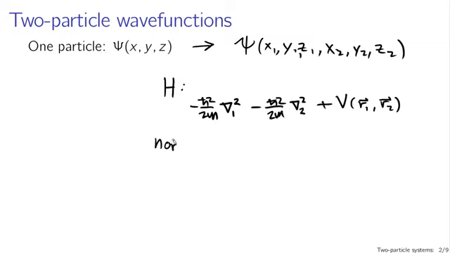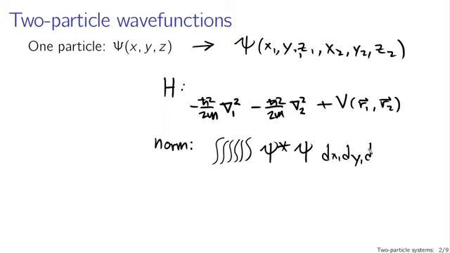Our wave functions, of course, still have to be normalized, since we still have to represent probability densities with them. But the normalizations we're going to work with are a little different. In particular, while the probability density is still going to be psi star psi, we're going to have to integrate it over many, many dimensions. 6 dimensions in this case if I'm working with two particles in 3 dimensions: dx1, dy1, dz1, dx2, dy2, dz2.